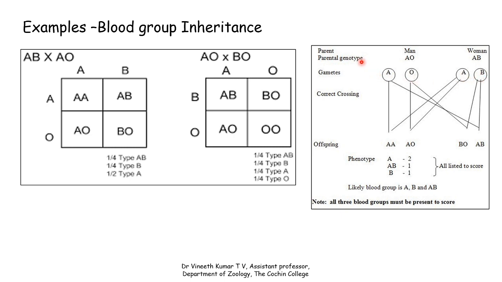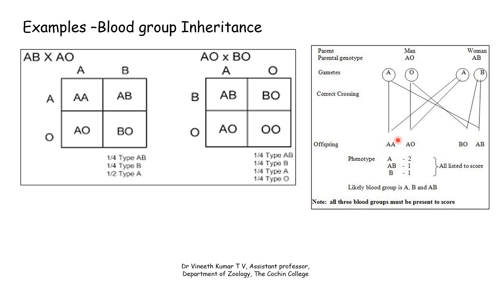In all these examples they have just put the alphabets as the alleles, but when you are doing the problems, please take care that you write the alleles perfectly as IA, IO, etc. So here the gametes and crossing will result in the offspring. These are A blood group, this is B blood group and AB blood group.